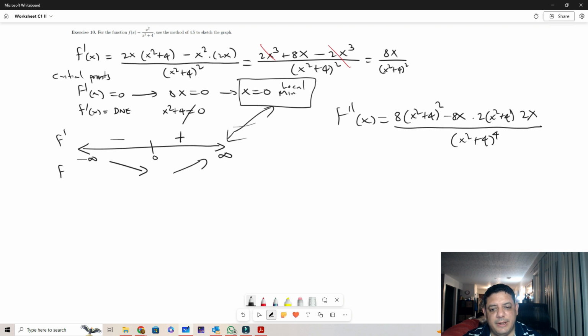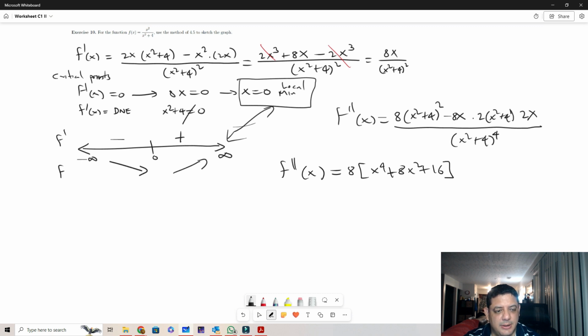Now let's simplify this a little bit more. So then f''(x) is going to become, and the best way to simplify this is breaking apart this binomial. So this is going to be x to the 4 plus 8x squared plus 16.